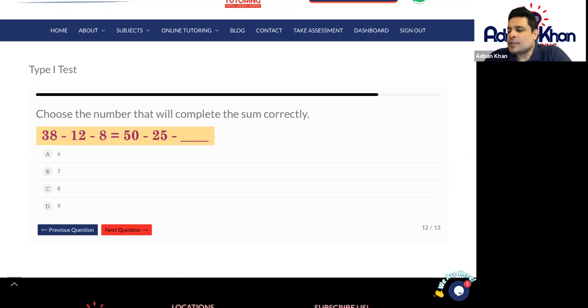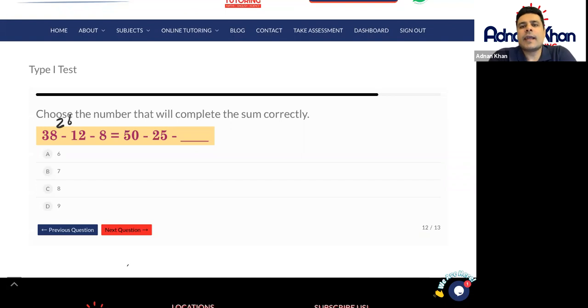Okay. So in this case, we're just working from left to right. So first of all, we just need to work out what 38 take away 12 is. The answer would be 26. Give me one by one, working out first of all. So 38 take away 12 would be 26.